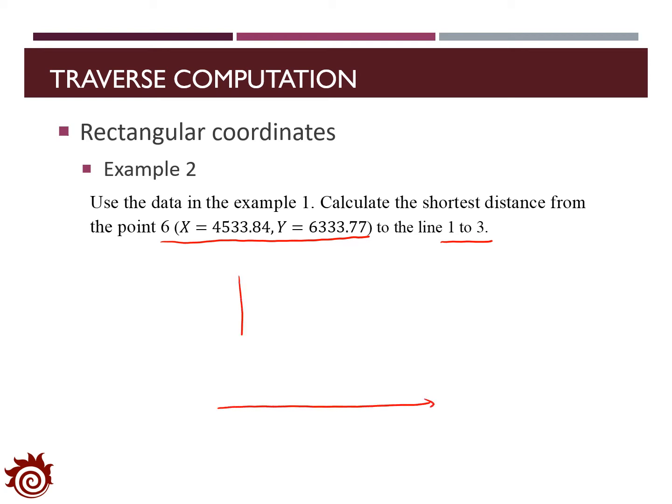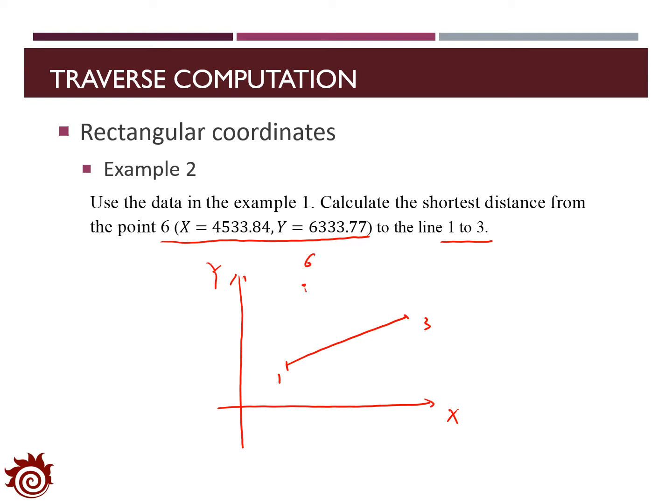We have the x and y axes, and we are given the line 1, 2, 3. Also, by the coordinates of 6, we can find out 6 is on top of the line.